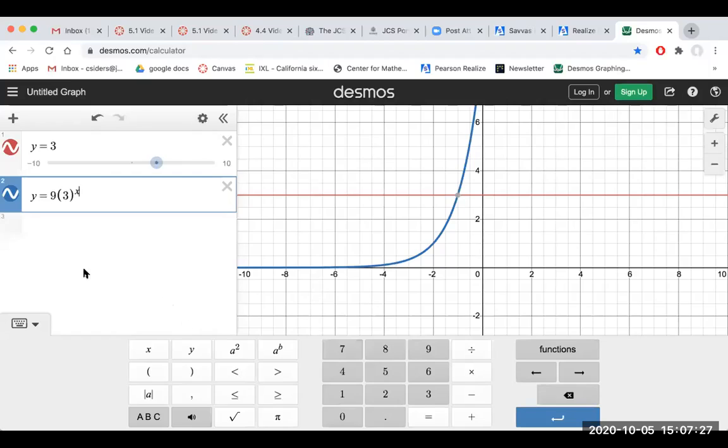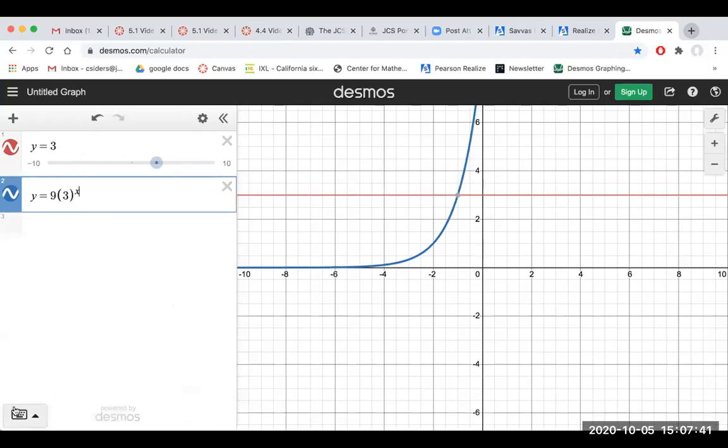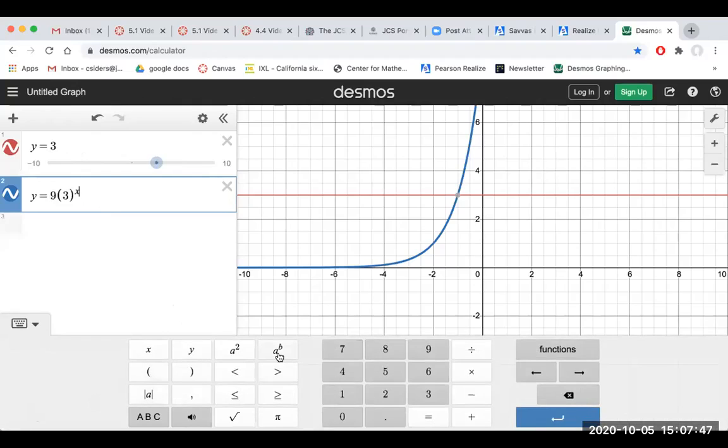Okay, so we're on Desmos, and the first equation, y equals 3, looks like this. The second equation, instead of that multiplication button, I use parentheses, and then the power of x, you have to use your little function keypad down here on the left bottom, and you have to use a to the power of b. That's your key here, all right?